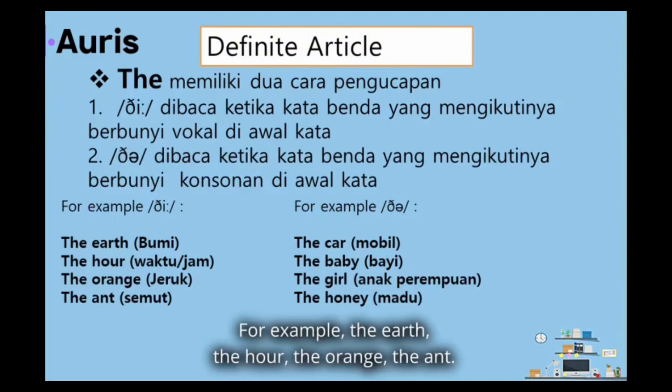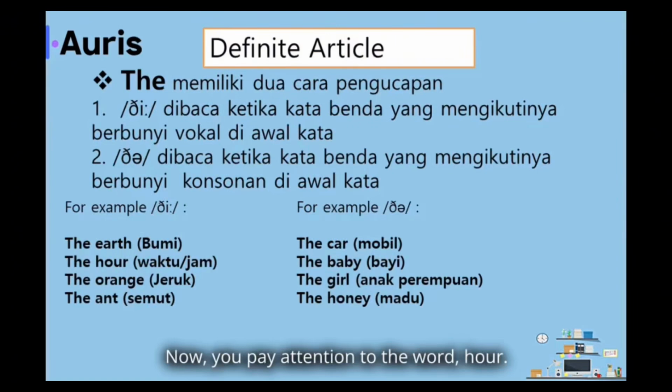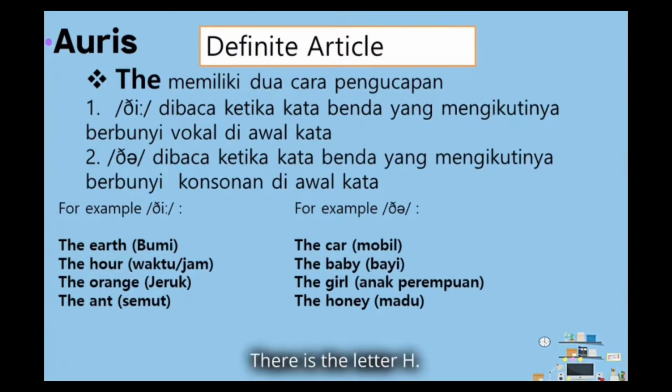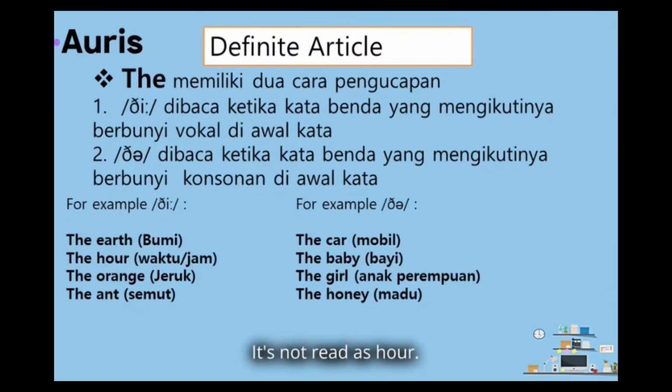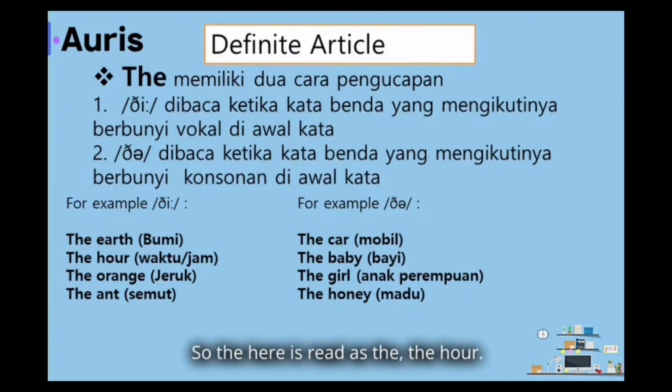For example, the hour, the heir. Now pay attention to the word hour. There is the letter H, but it's read as hour, not as how-er. So the here is read as thee hour.